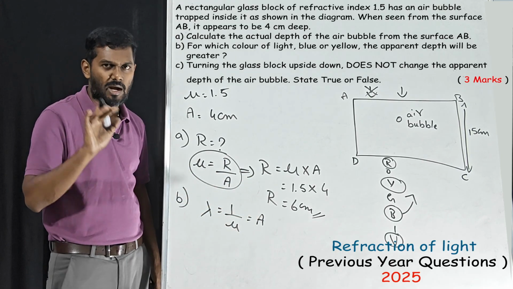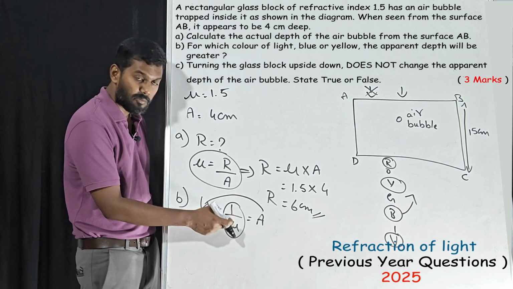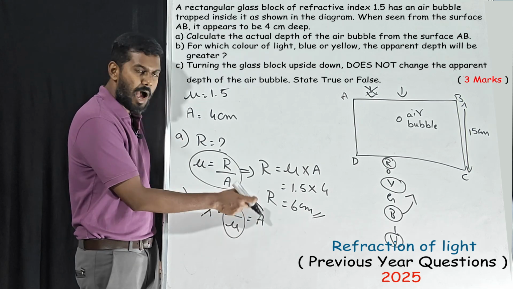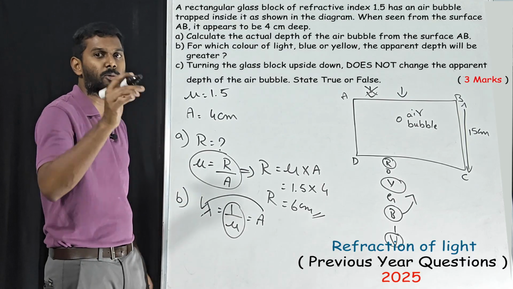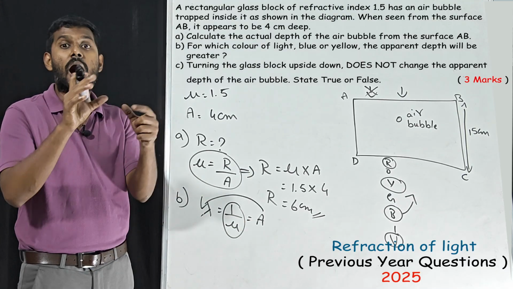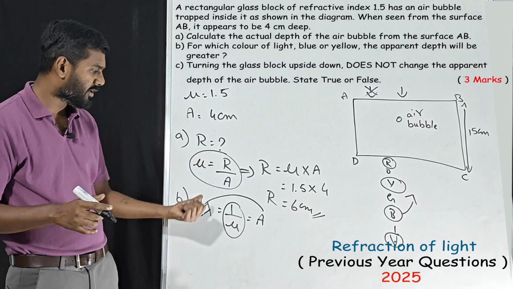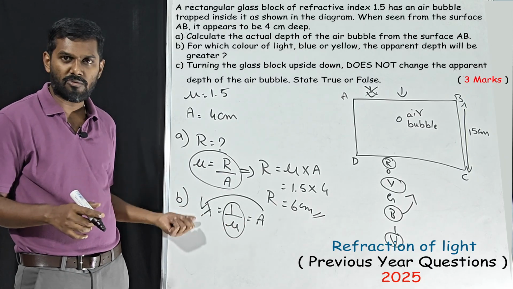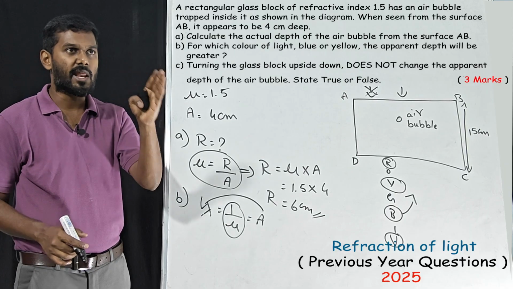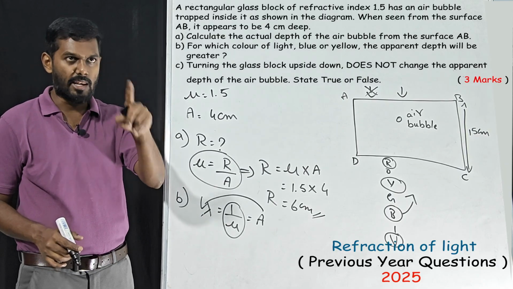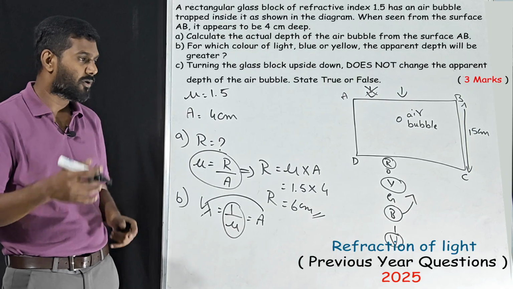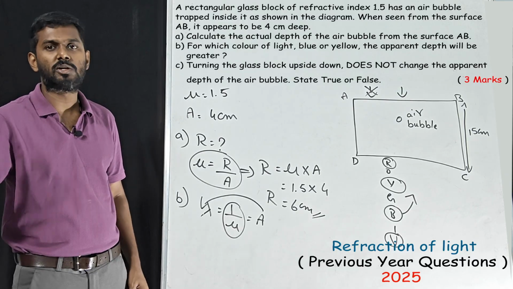This is how you need to understand that. Refractive index is inversely proportional to both wavelength and apparent depth. So apparent depth and wavelength are directly proportional. This relation is not there in the textbook. You have to analyze it. So now we got to know, the more the wavelength, the more will be the apparent depth. So in the question they are asking which color, blue or yellow, apparent depth will be greater. Greater means more. So apparent depth is directly proportional to wavelength.